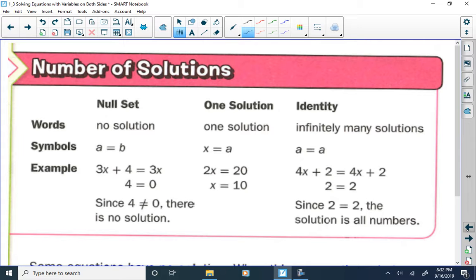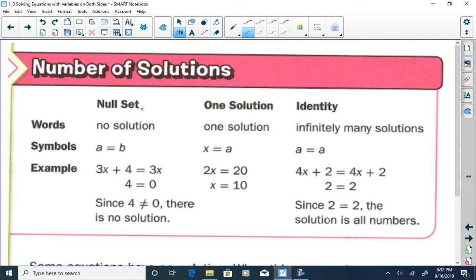Now, when we're dealing with equations with variables on both sides, we can have several different types of solutions. We can have an equation where there are no solutions, an equation where there's one solution, and an equation where we have an infinite number of solutions.